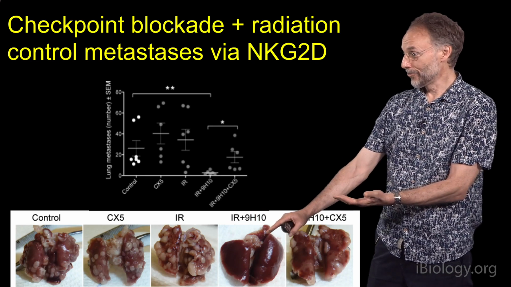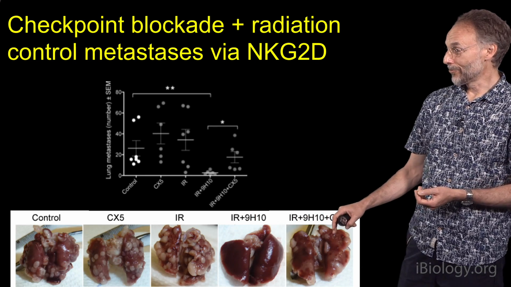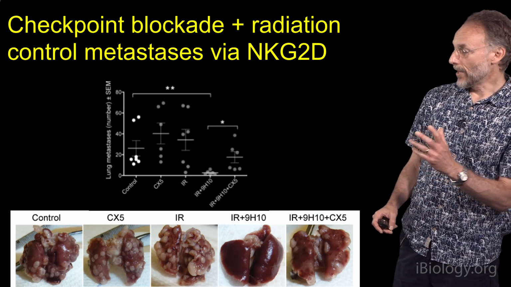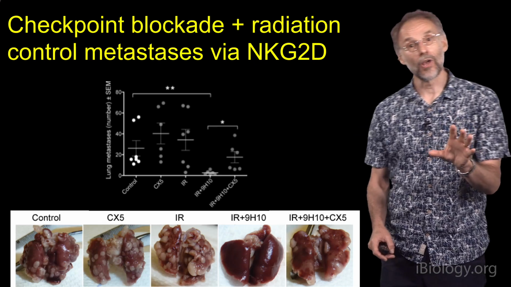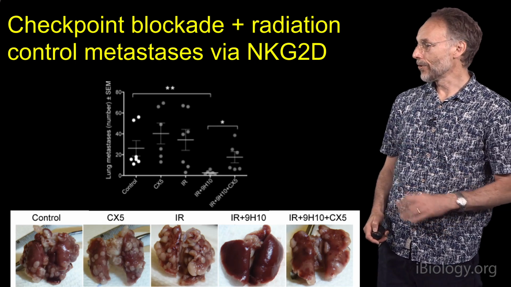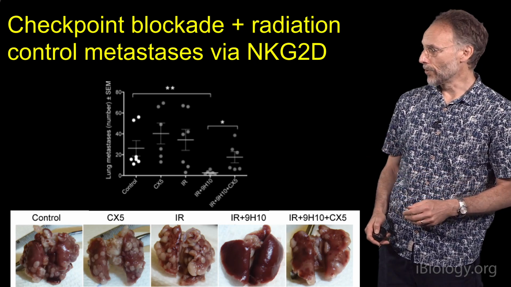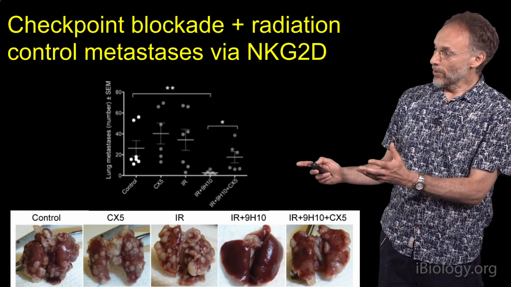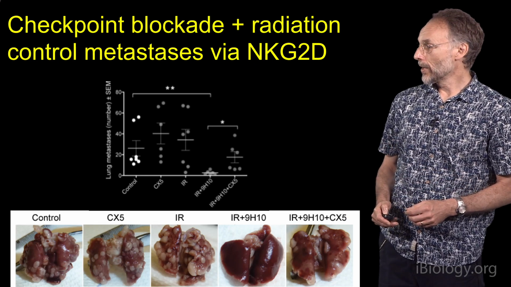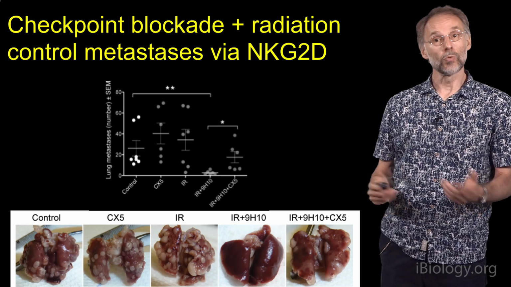So no lung mets, and with the antibody to NKG2D, you get the lung mets back. So essentially the behavior of the T cell in the tumor correlates very strongly with our clinical outcome in this rodent model. And this approach is in human trials and is showing promise in conjunction with ipilimumab.